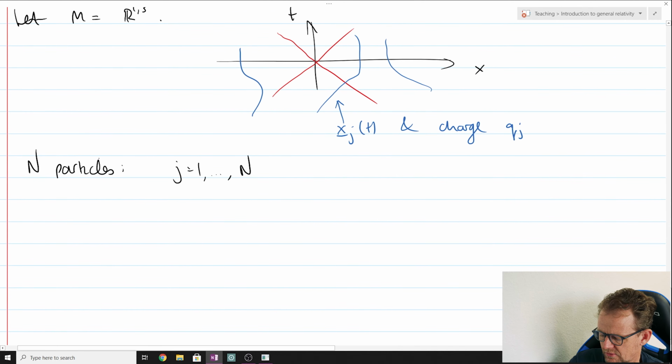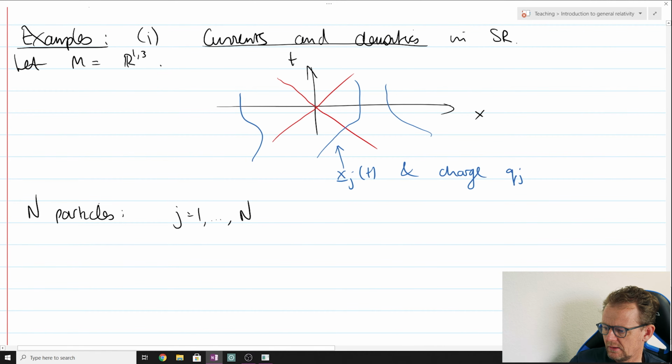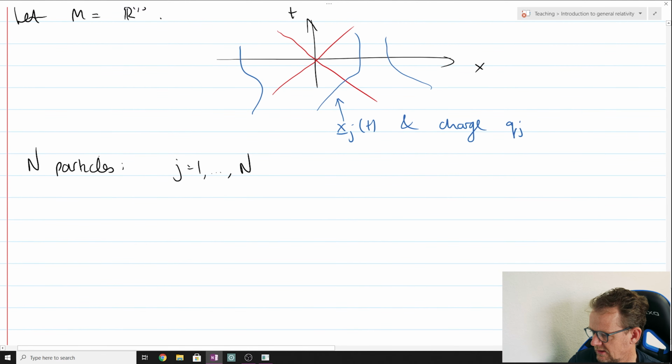So when you have a bunch of charged particles and you want to assess where they are and where they're going, then you can construct the density and current.